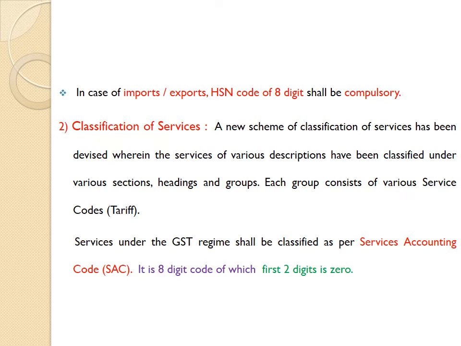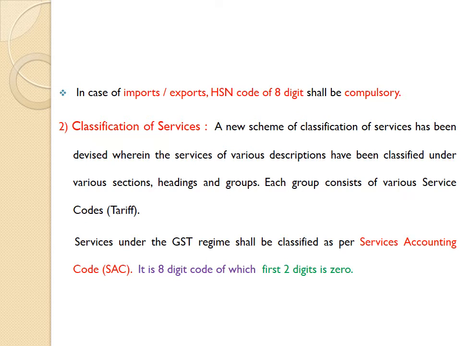If the turnover is more than 5 crore, it is necessary to mention an HSN code having 4 digits. But in case of imports and exports of goods, an HSN code of 8 digits is compulsory.